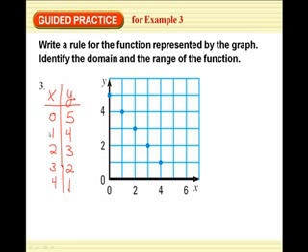In this case, what am I doing to one to get the other? Kind of tough. It's going down, so I need to subtract something. Do you notice that?